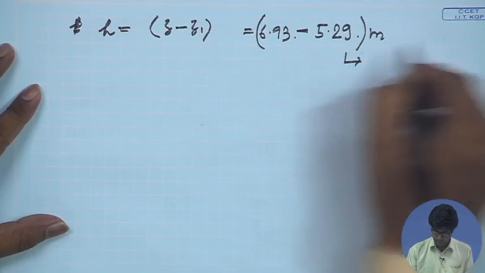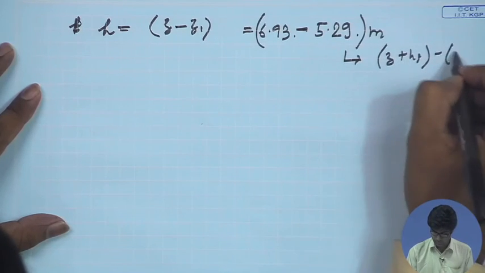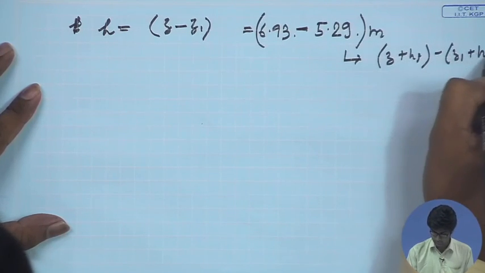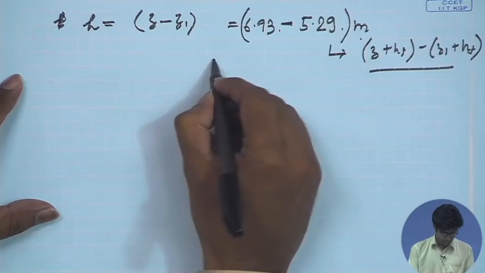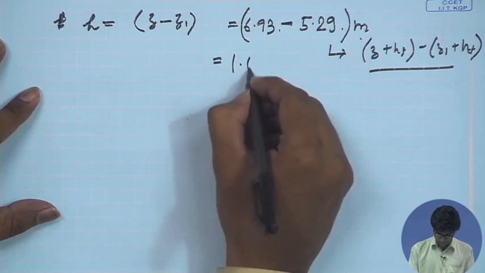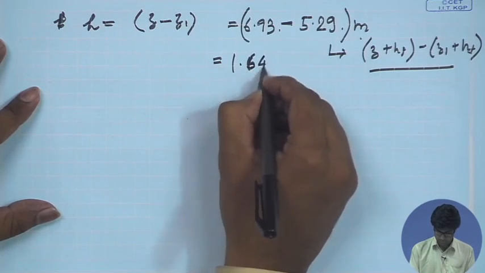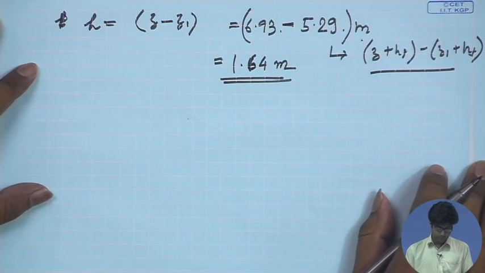This is actually the difference of Z plus H_f minus Z1 plus H_f. So, this comes out as 1.64 meters. So, this is the required height.